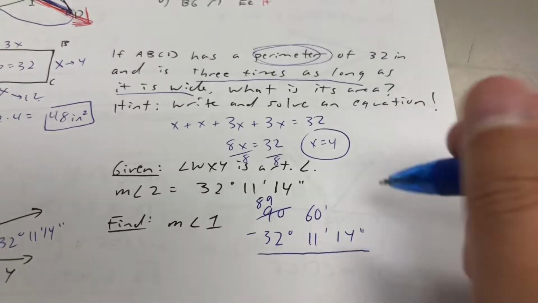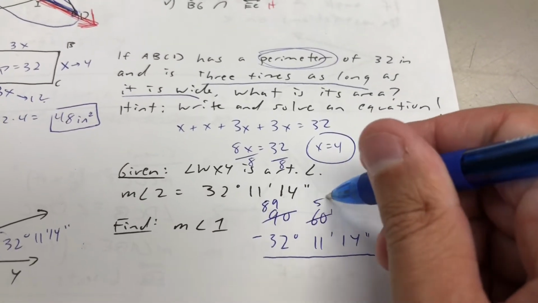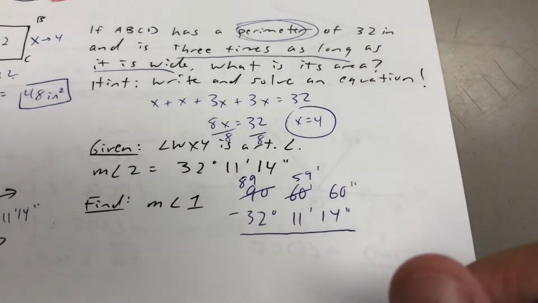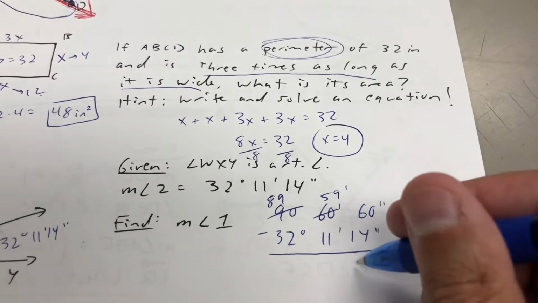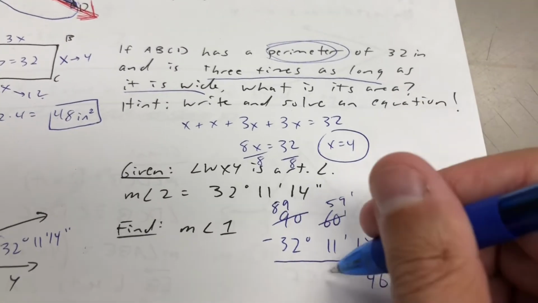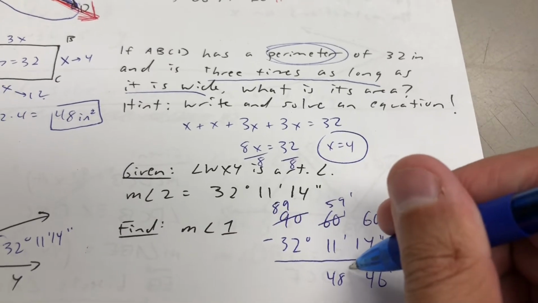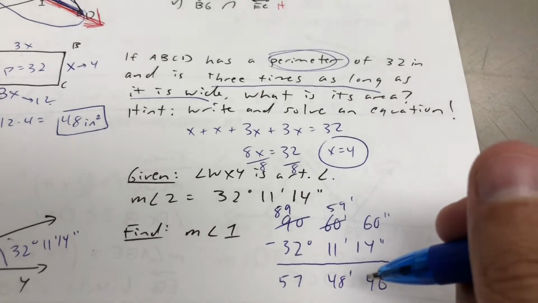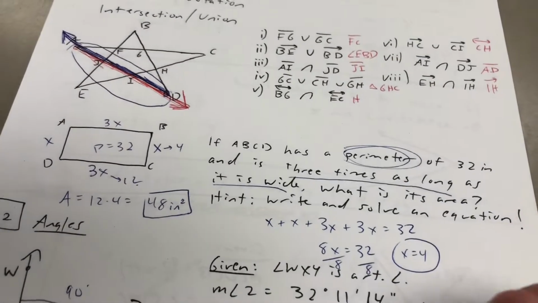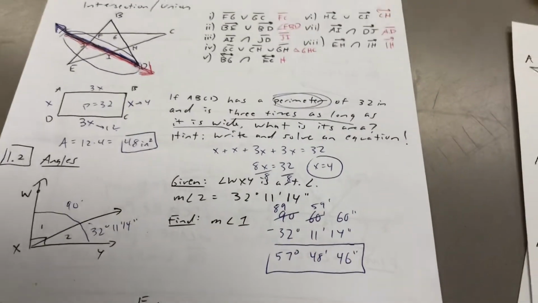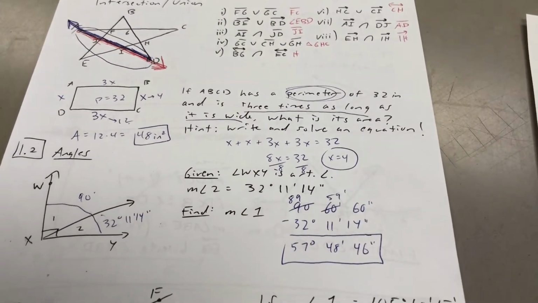If I want seconds, I can borrow 1 minute and turn it into 60 seconds. And now I can subtract, okay? And I think this is going to end up being 46, and this is going to end up being, what is it, 48, I think, and is that 57, I think, ends up being our missing value, okay? So that ends up being our angle measure there, all right?